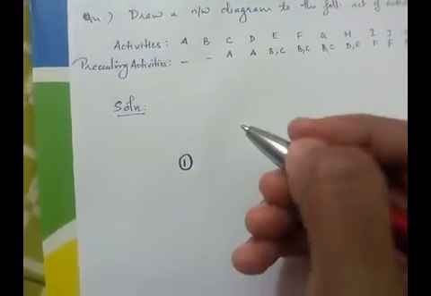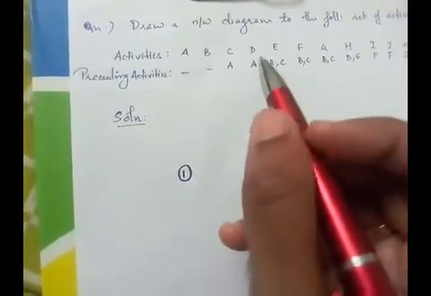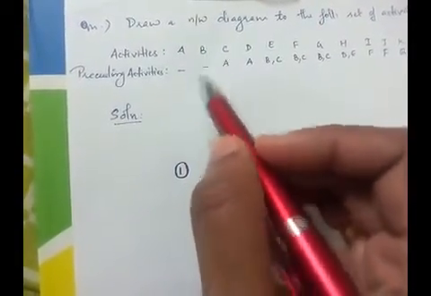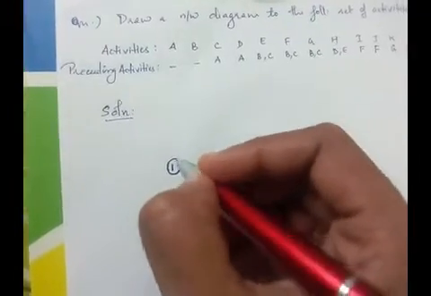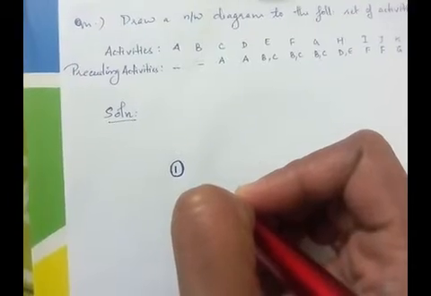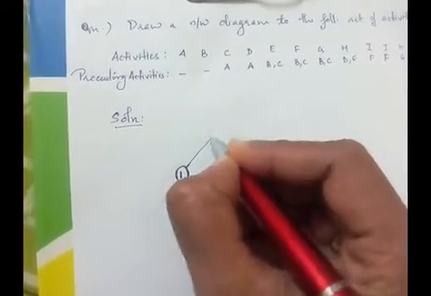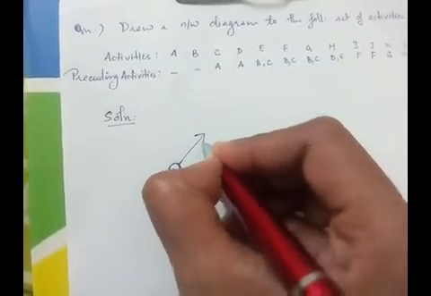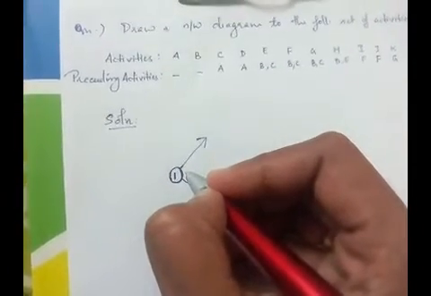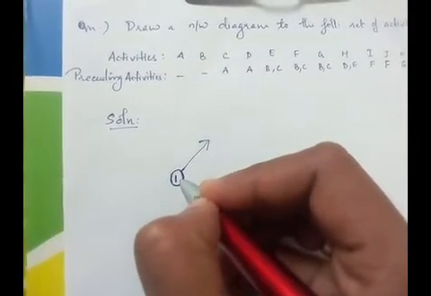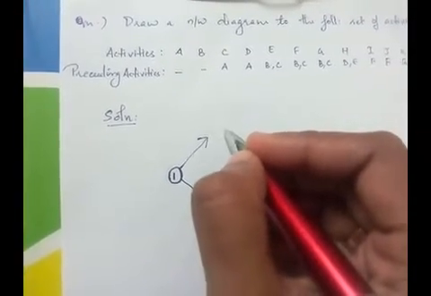So this is the first event, and from the given information we know that two activities start at the same time from the first event. So we have to draw two arrows from 1. An activity should be represented by an arrow which starts from one event and ends at some other event, right?